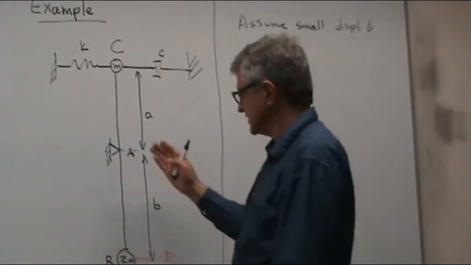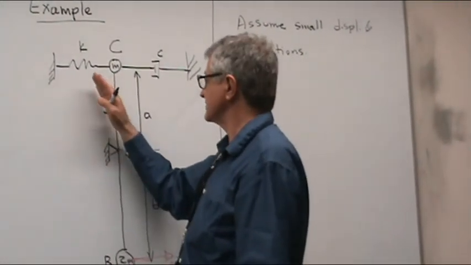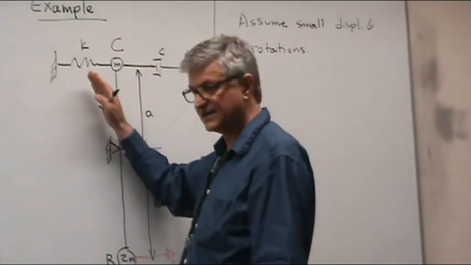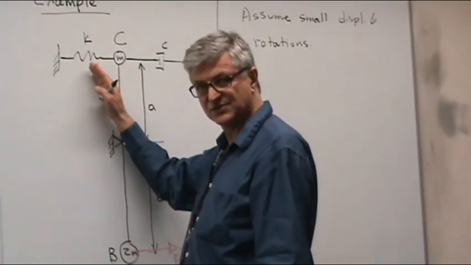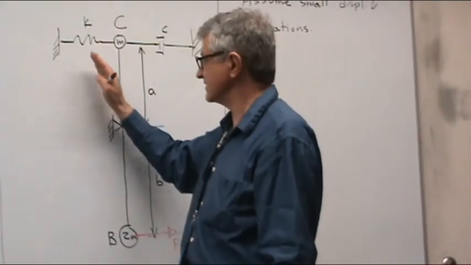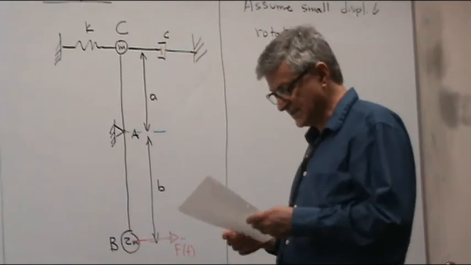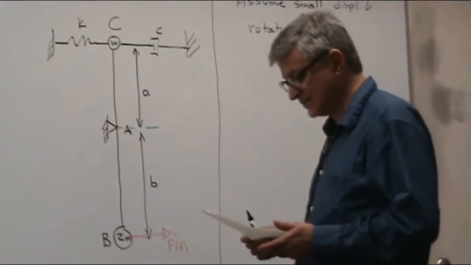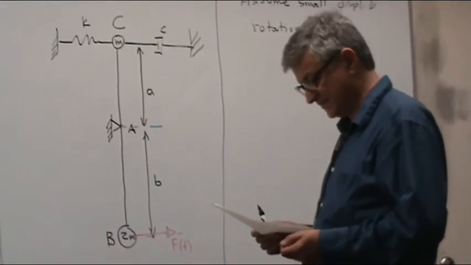Because if someone determines the angle of rotation of the bar, and the bar is considered rigid, then you define the position of the system. So there is 1 degree of freedom system.